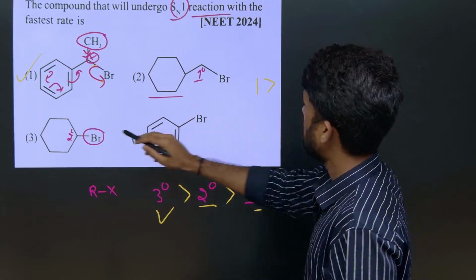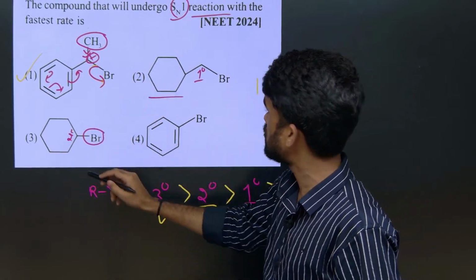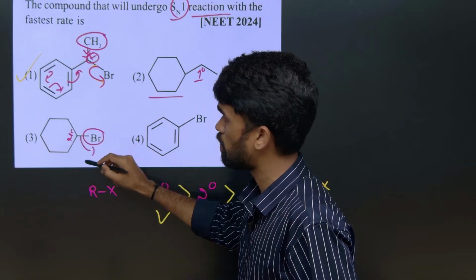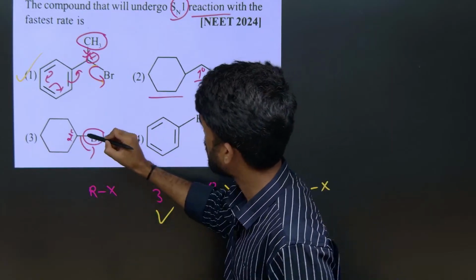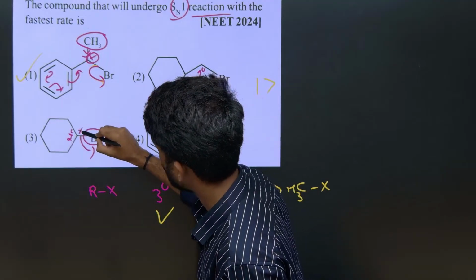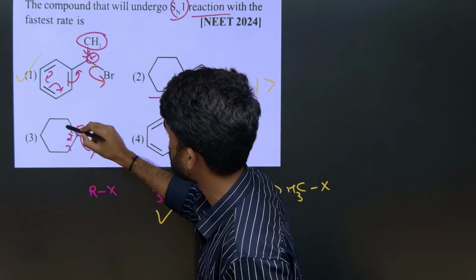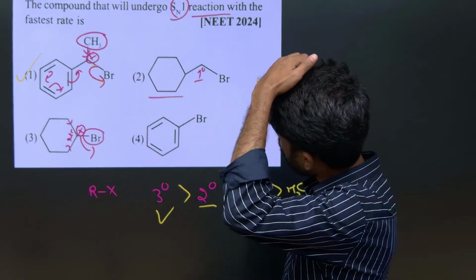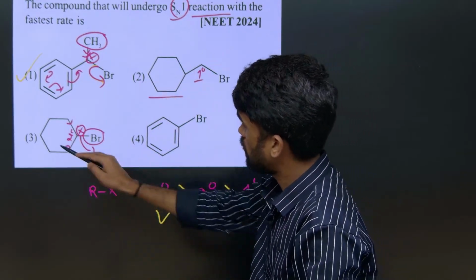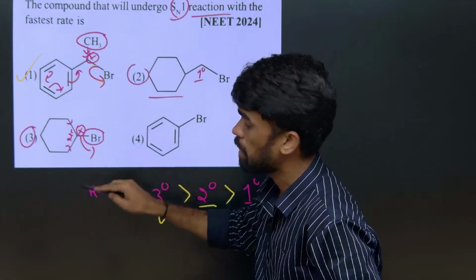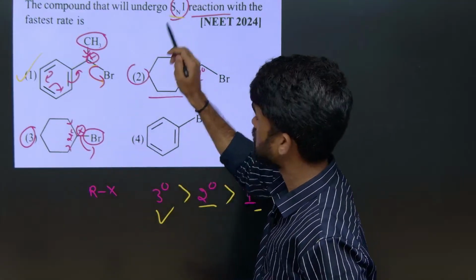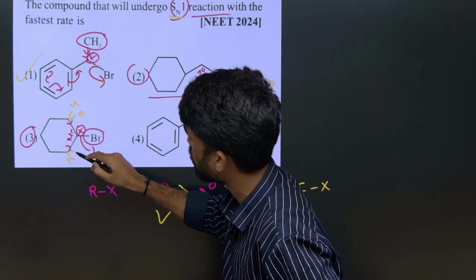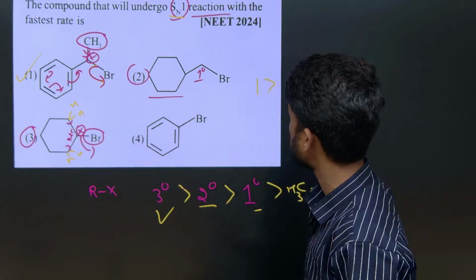Then out of 2 and 3, I am going with 3, because if I remove this bromide ion, we will get a carbocation which is secondary, stabilized by both alkyl groups, right. Now let us discuss 2 and 3 once again, it is about SN1. How many alkyl hydrogens are there? 4 alpha hydrogens are there, so 4 hyperconjugations are possible.